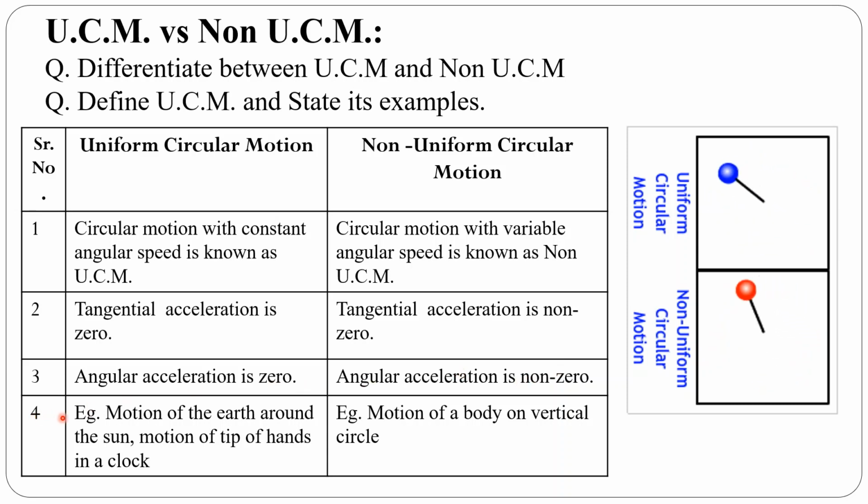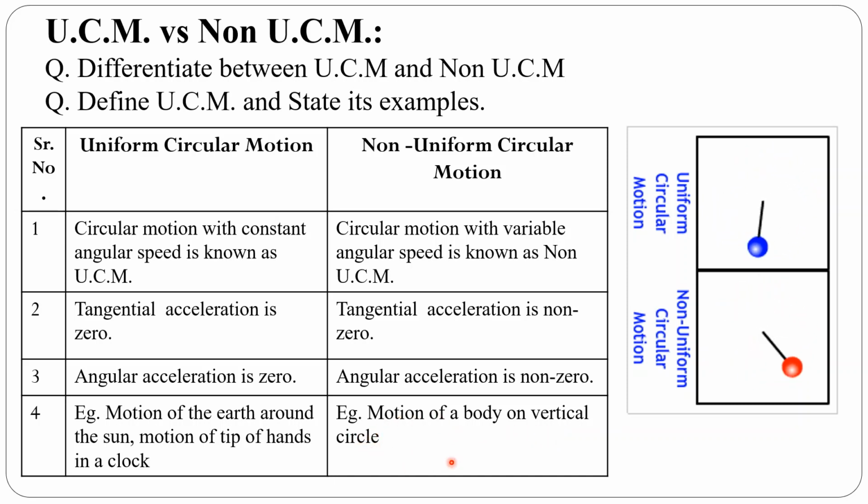What are examples of uniform circular motion? The motion of the earth around the sun, the motion of the tip of the hand of a clock, or the motion of an electron around the nucleus. Then what are examples of non-uniform circular motion? The motion of a body in a vertical circle.